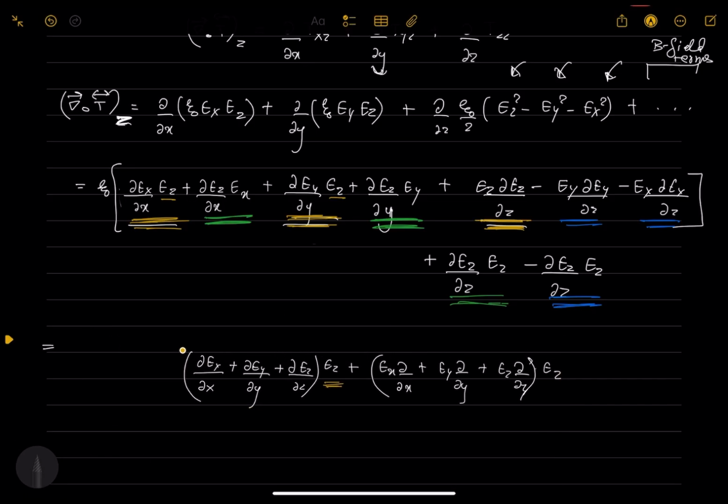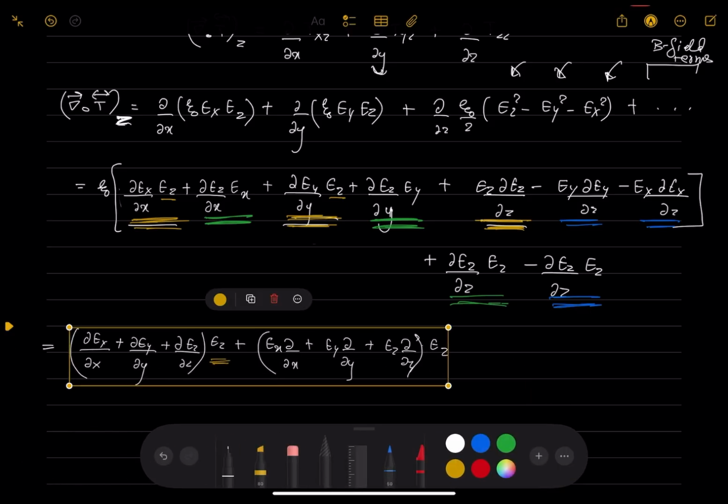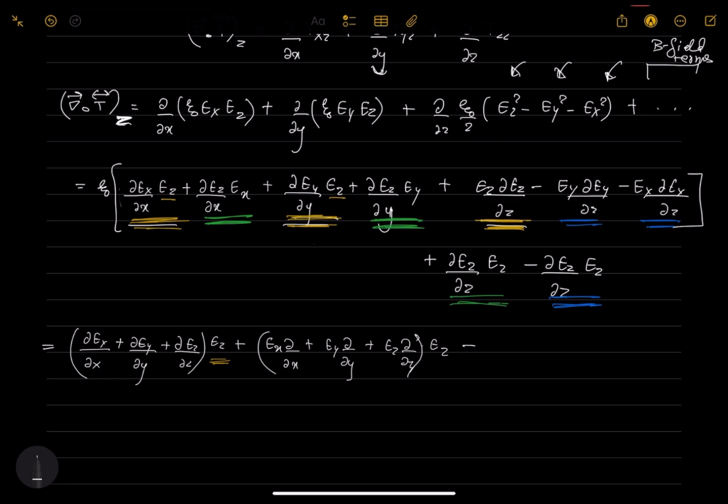Let's shrink the other 6 terms down. Let's make some space for the remaining 3 terms, and that's just Ex times dEx over dz plus Ey dEy over dz plus Ez dEz over dz.